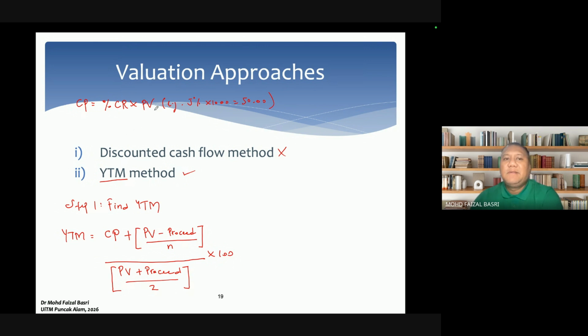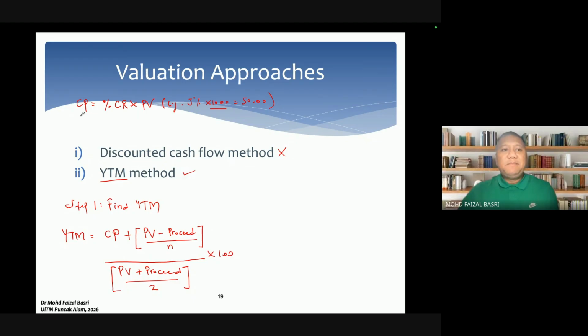Okay, always darab dengan par value lah 1,000. So kalau dia 10%, kalau coupon dia is 10%, so 10% times 1,000, which is RM100. So just multiply with the par value. Okay, so the CP ni, the coupon payment must be in ringgit. Okay, not in percentage, must be in ringgit.